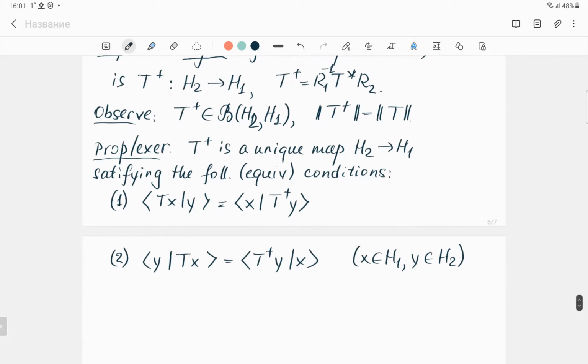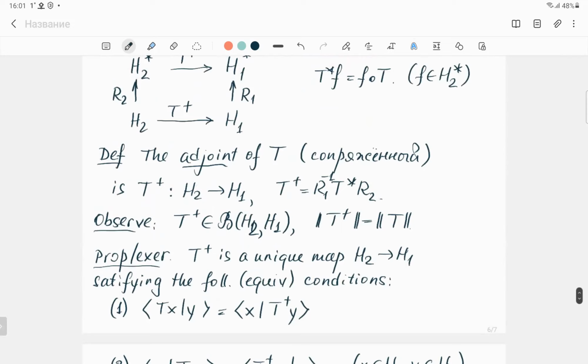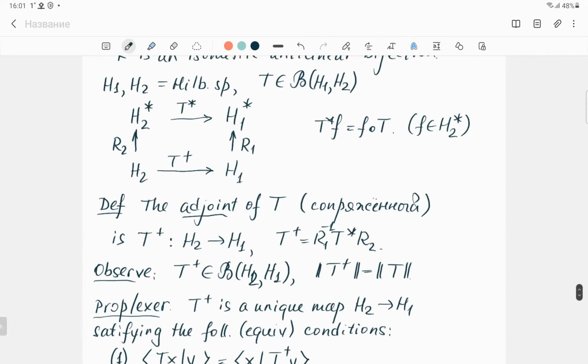Let's now look at some properties. Before we continue, let's adopt a standard convention. If we look at this diagram, and if we recall that R1 and R2 are isometric bijections, we see that the properties of T plus are more or less the same as the properties of T star.